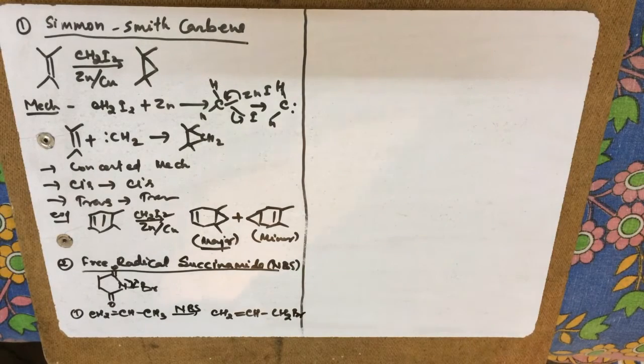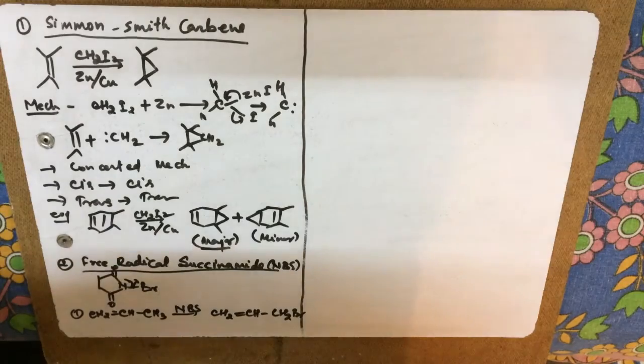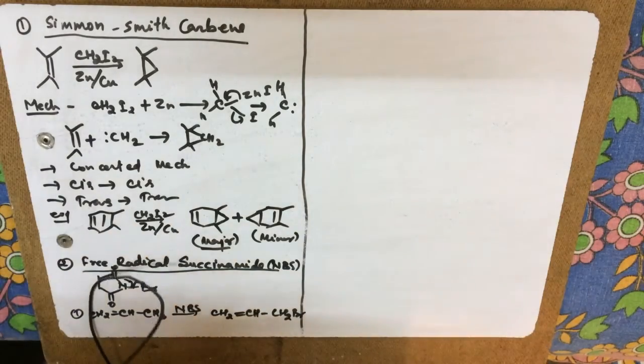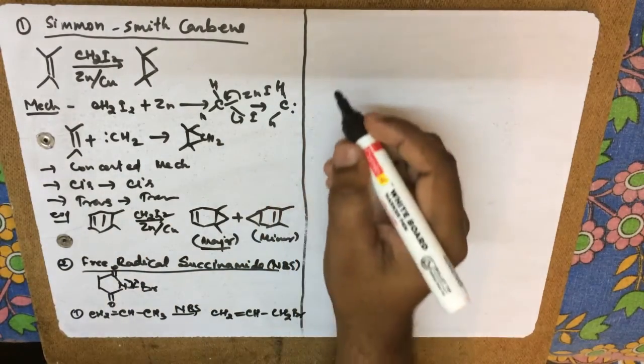Okay, this is the product. So basically in your reactant, one hydrogen radical is removed and one remains on the carbon, and then the bromine radical will combine with this position, then we will get the product. So this mechanism will go under this condition.